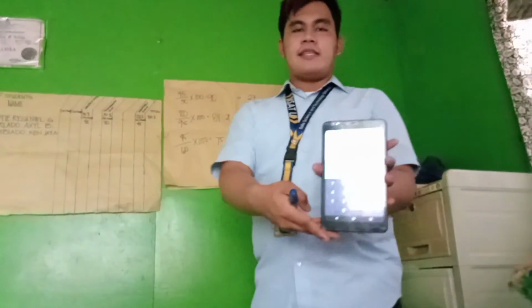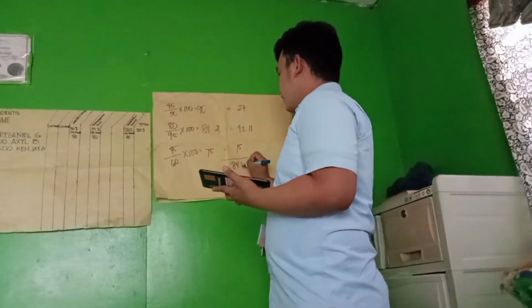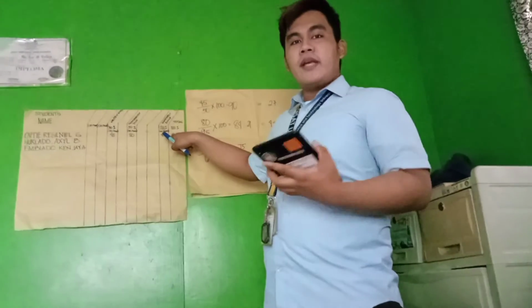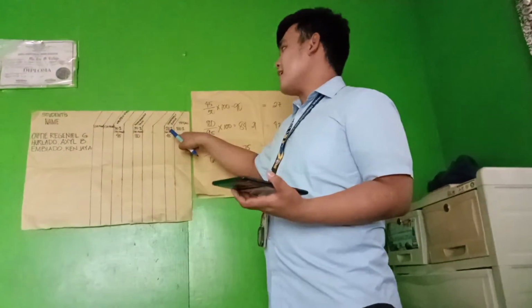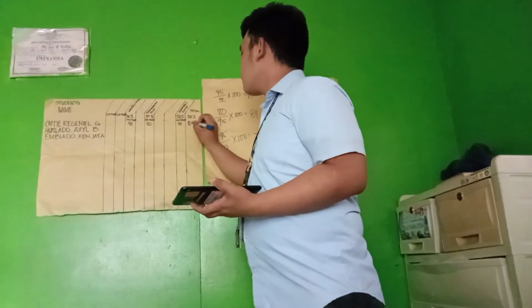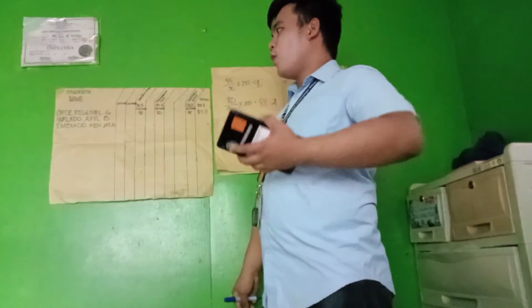Her total grade is 84.11. 84.11 is the total grade of Miss Kathleen.